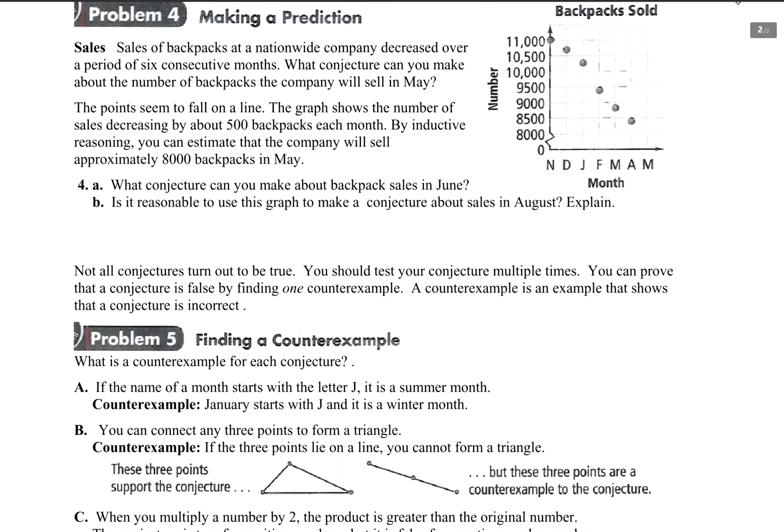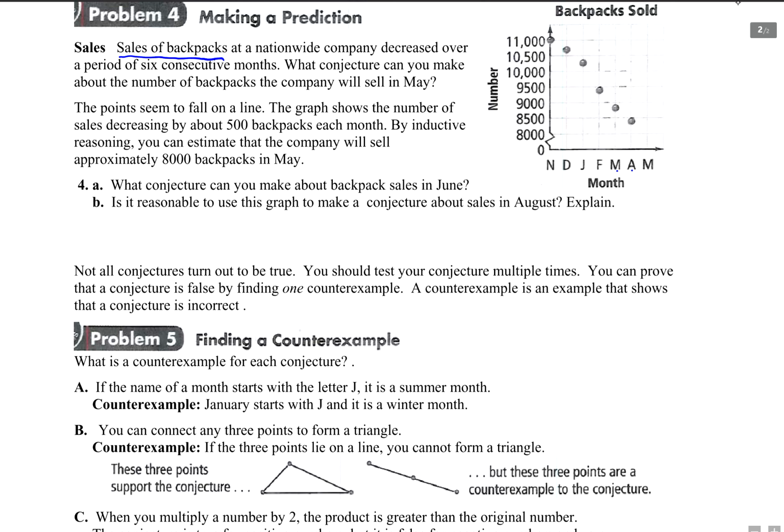But we have to be careful. Remember up above, we said you have to make sure you have enough data. So let's look at our example here. We're talking about the sales of backpacks. And we have a graph here that shows us November, December, January, February, March, April, May, and the number of backpacks. So we have the number of backpacks compared to the month. And what we see is that it decreases.